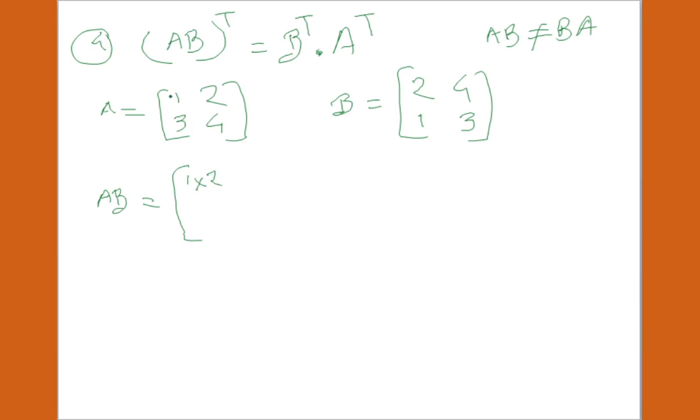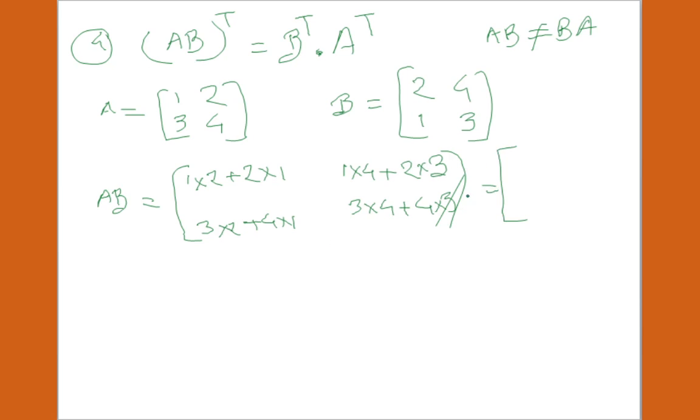I have already said how to multiply two matrices. Next 1 into 4 plus 2 into 3. Next 3 into 2 plus 4 into 1. Last one is 3 into 4 plus 4 into 3.